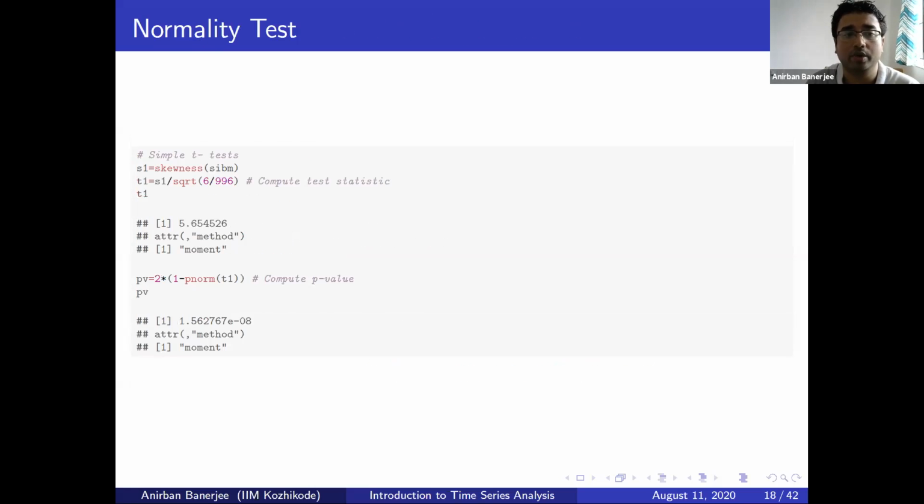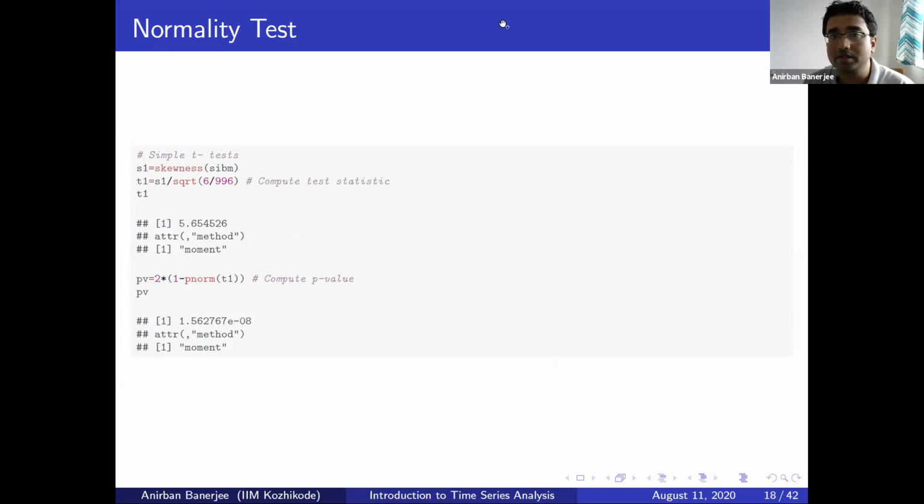So what you can do here is that I am storing the skewness value, 0.44, in a variable S1. Okay, and now I'm computing the t-test statistic.